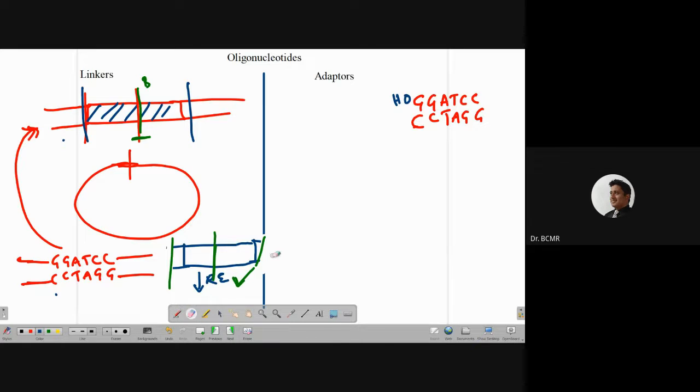One second. So if we have cleaved it, this part of the DNA will be lost, right? Overhang. And so is this. So on the sticky side, this is 5' phosphate. Let me erase and write.